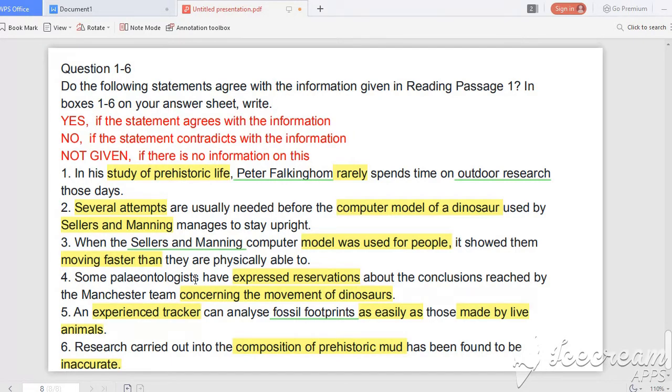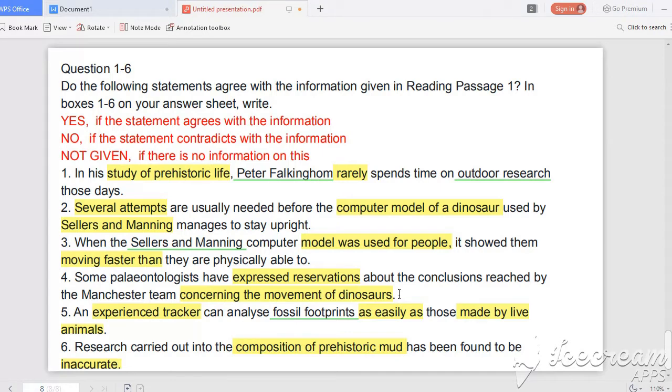Some paleontologists have expressed reservations about the conclusion reached by the Manchester team concerning the movement of dinosaurs. So let's again pause the video and try to understand this question and highlight some keywords.